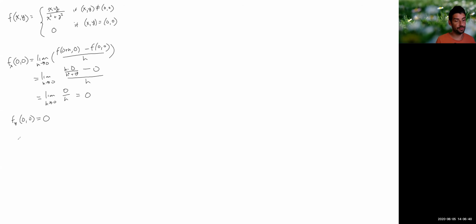According to our tangent plane formula, the tangent plane would be given by z equals, we would take the x derivative, which is 0, times x minus 0, plus the y derivative, which is 0, times y minus 0, plus the value of the function at 0, 0, which is just 0.